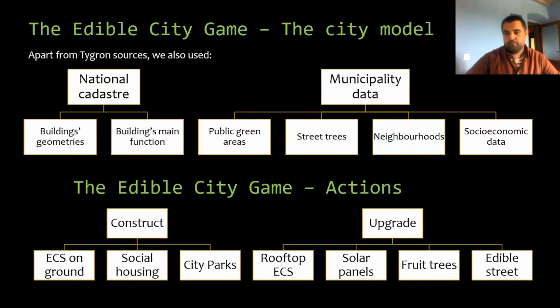You can upgrade trees to fruit trees and convert any street of the city into an edible street. So the street then becomes an urban garden and the transit is cut off and so on. Apart from this, we already have the typical actions about buying, selling land, messages, inbox, demolish, and these kinds of things.